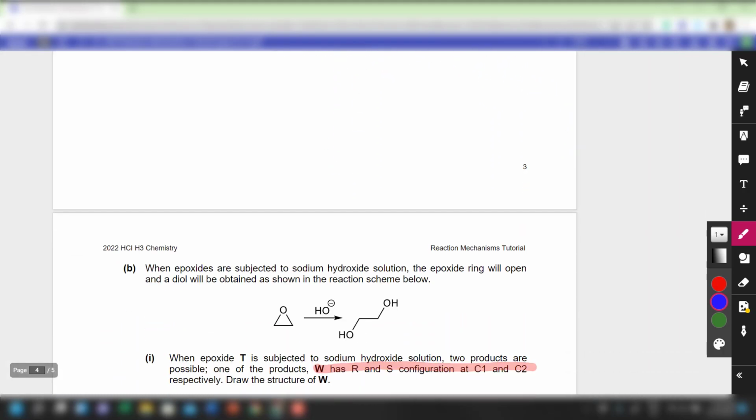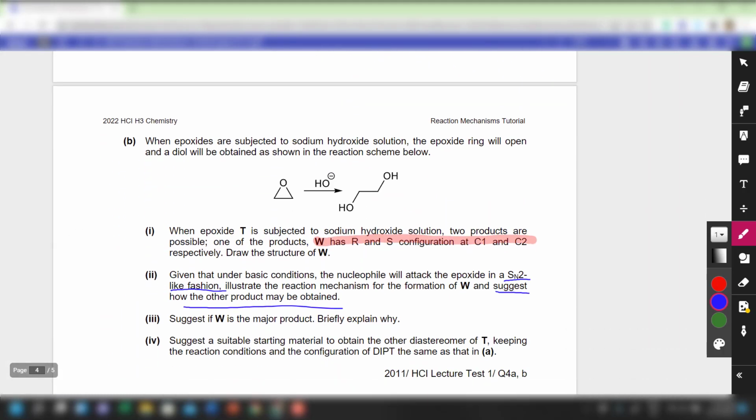But if you want, you can simply draw the product out and then try to predict the configuration.